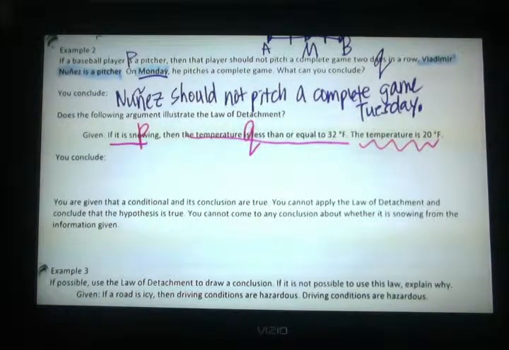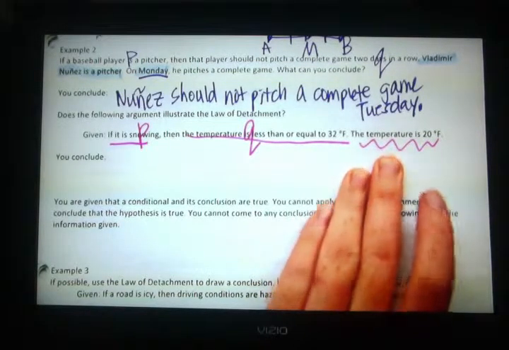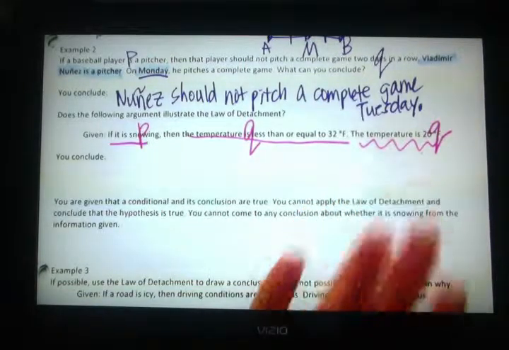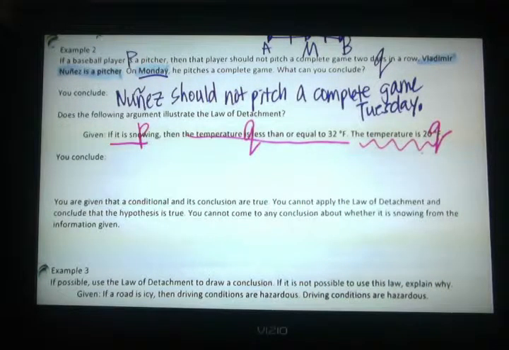Because the law of detachment is only when the hypothesis is true. Okay, so if you look at the temperature is 20 degrees Fahrenheit, well, that's really giving a specific example of a Q. Okay, so we cannot conclude from the law of detachment that it is snowing. Okay? So think about it. Can it be 20 degrees outside and not snow? Well, yeah, it can. Don't you need precipitation in the air to have snow fall? Okay, or you need some kind of rainfall going on for the snow to actually happen?